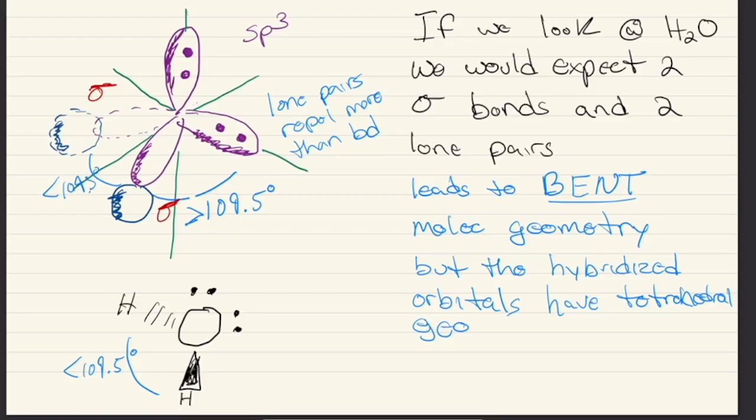And this gives us a better idea of bonding, more so than just strictly drawing these Lewis structures. It gives some explanation to where these bond angles can naturally come from.